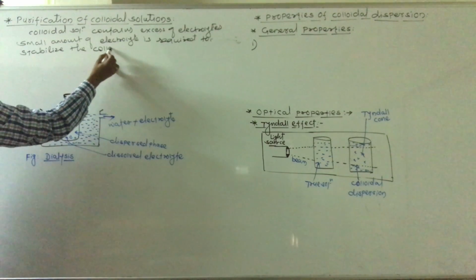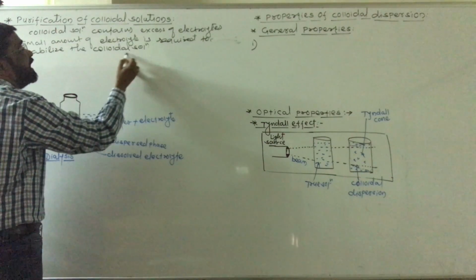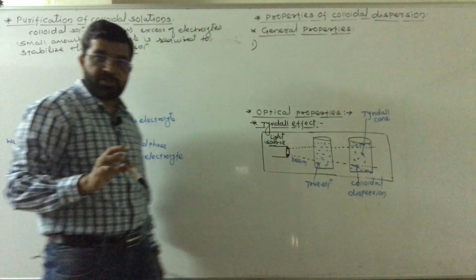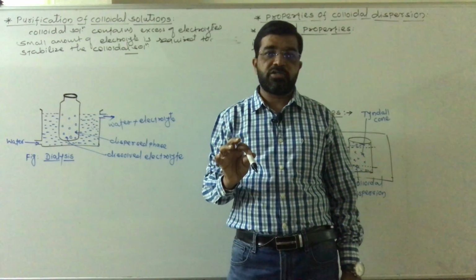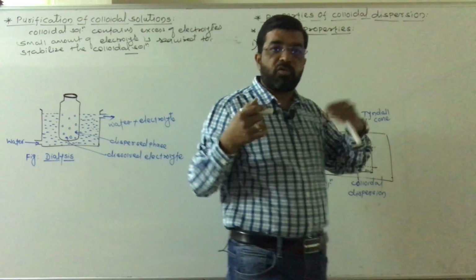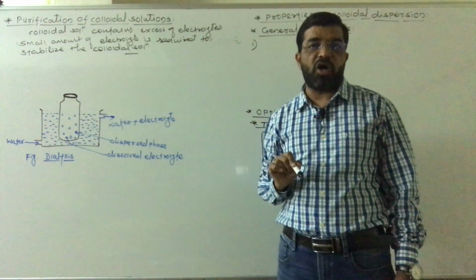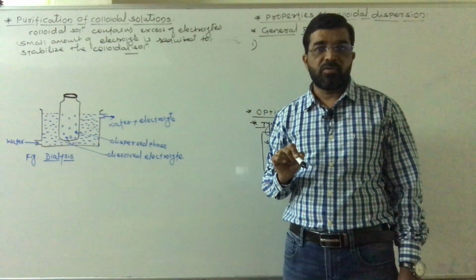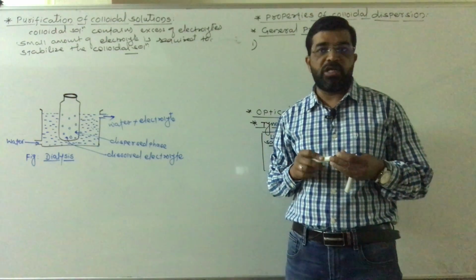There is use of a small amount of the electrolyte. A small amount of electrolyte is required in it. But if excess of electrolyte is present in the colloidal solution, it is responsible for coagulation.